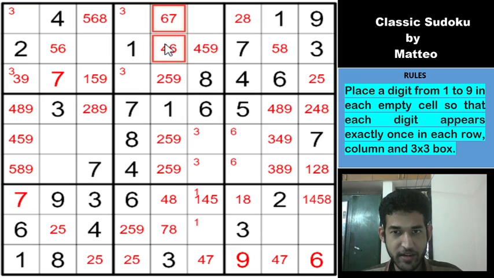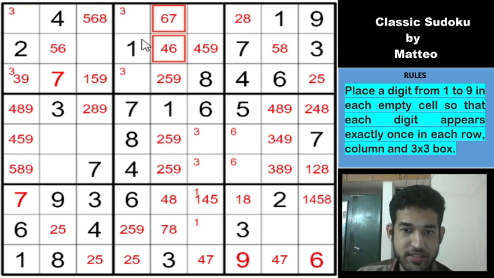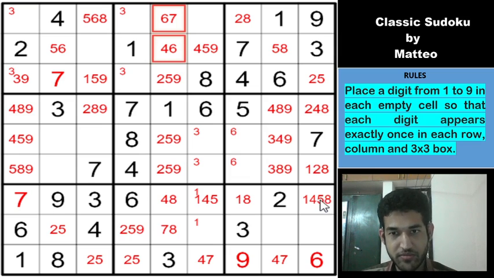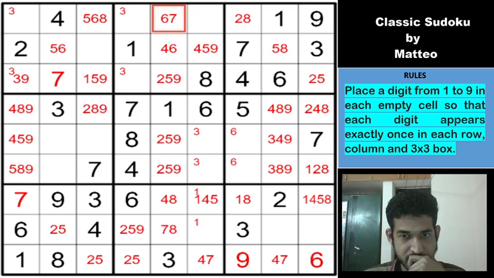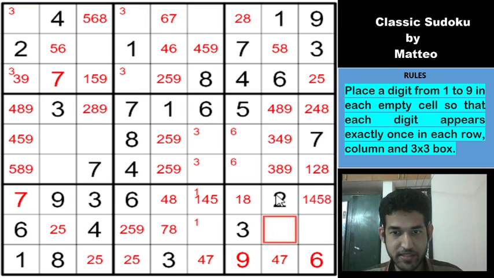So I was hoping that we'll get all the 6s now, but I'm not really seeing how to place the 6 any further. Okay, let me place the candidates here. 2 3 6 9. 1 and 4 are ruled out, so this can only be 5 7 and 8.